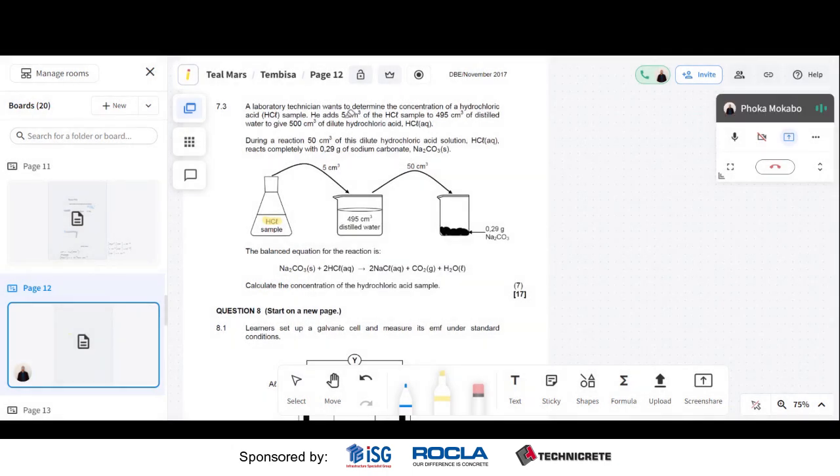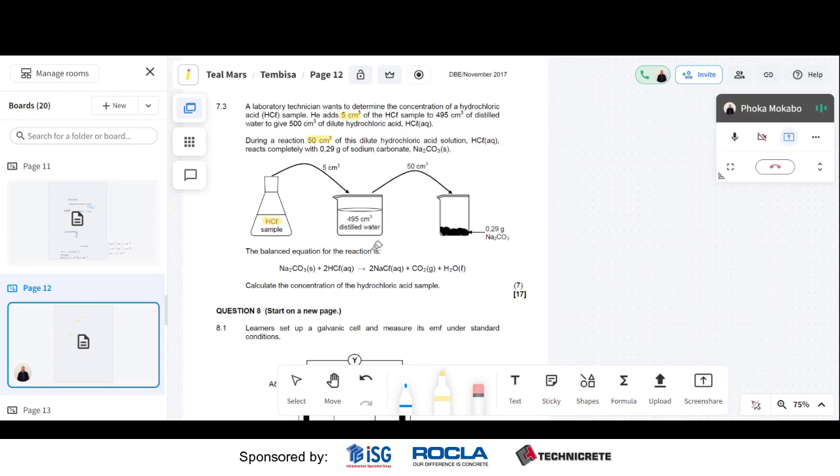Okay, so 5 centimeters cubed of the hydrochloric sample. Also told that 50 centimeters cubed of this dilute hydrochloric acid solution is reacted. Oh, so this is for the second stage now over here.